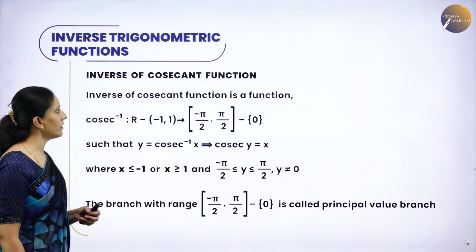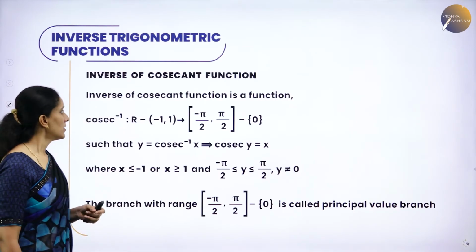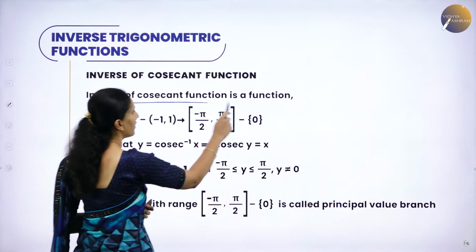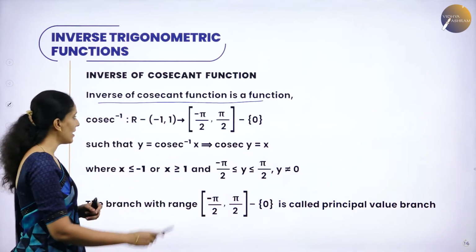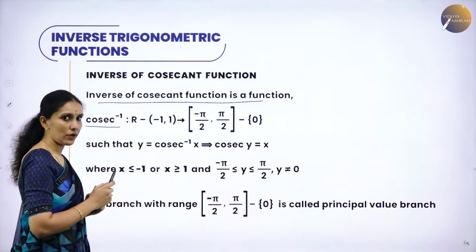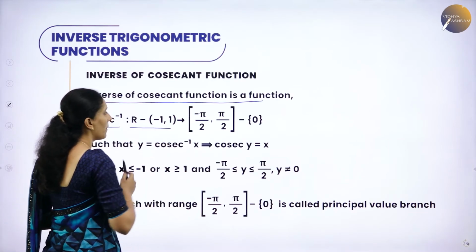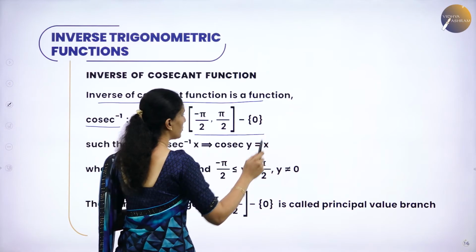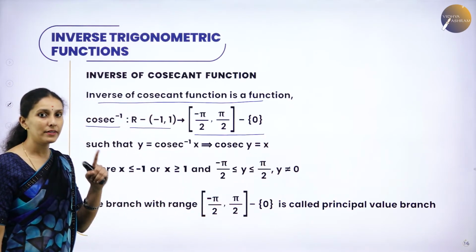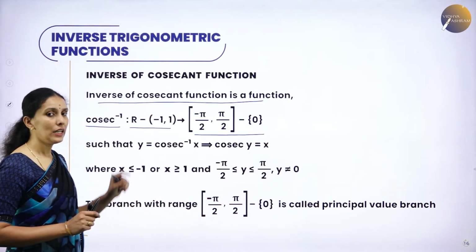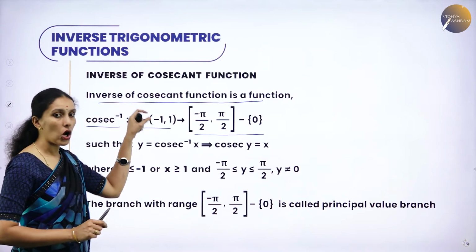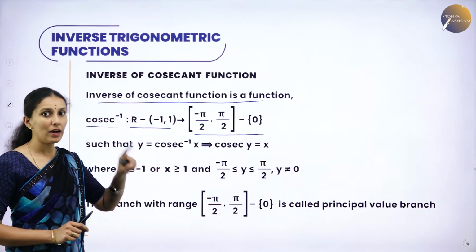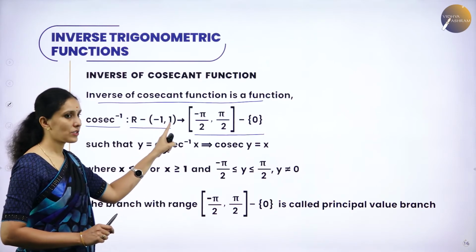Next, the inverse of the cosecant function. The inverse of the cosecant function is defined as cosecant inverse from R minus (-1, 1), and the range is from -pi by 2 to pi by 2 except 0. The domain elements can take all the real numbers except those in the interval -1 to 1.